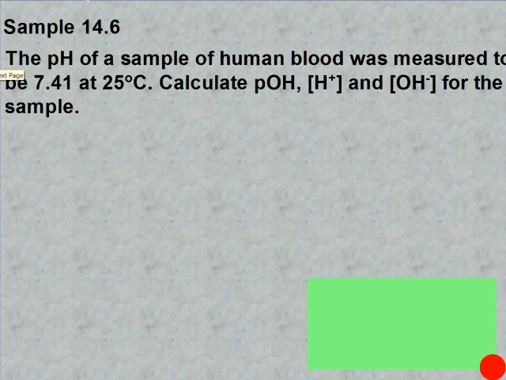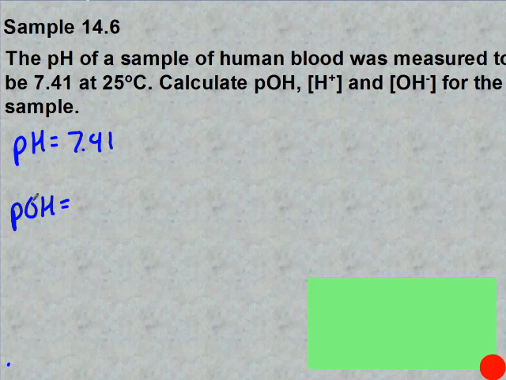All right, last question. The pH of a sample of blood was measured to be 7.41. So our pH is 7.41. Calculate the pOH, the H, and the OH. So our pOH, we can use our equation pH plus pOH equals 14.